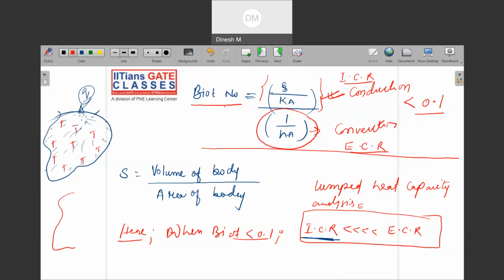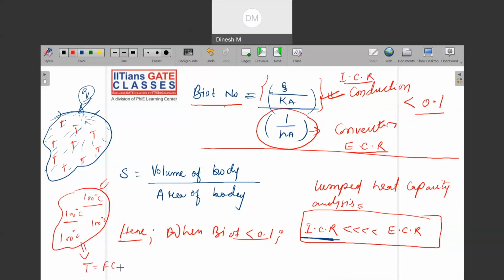For example, let us say my temperature was increased to 100 degrees Celsius, then this is 100, this is 100, this is 100, every corner, anywhere in the body, I see that my temperature is remaining constant.